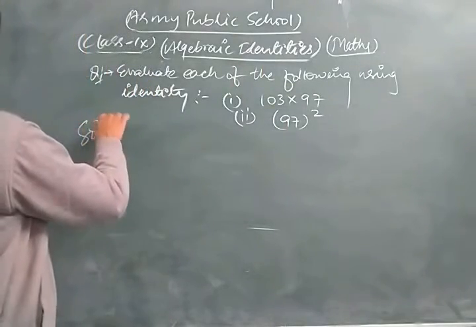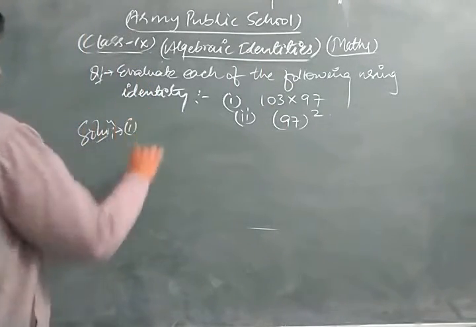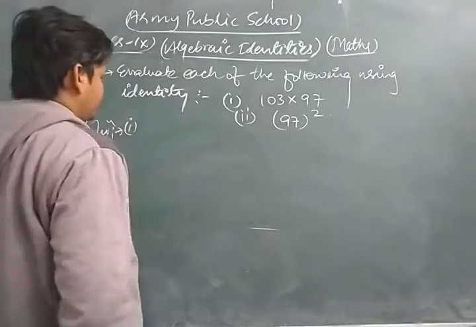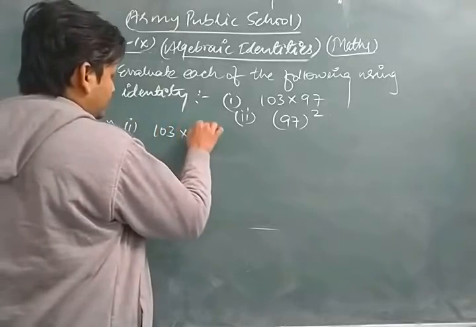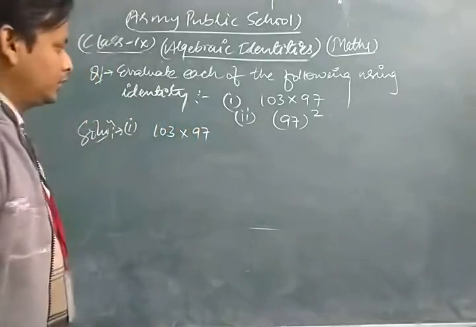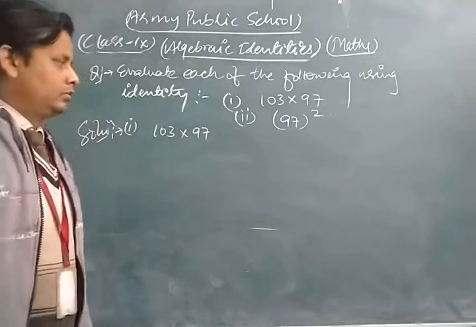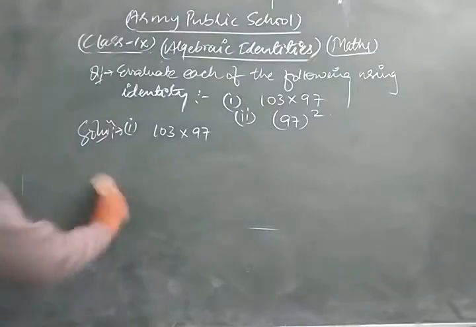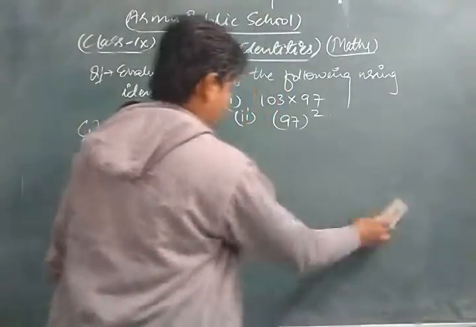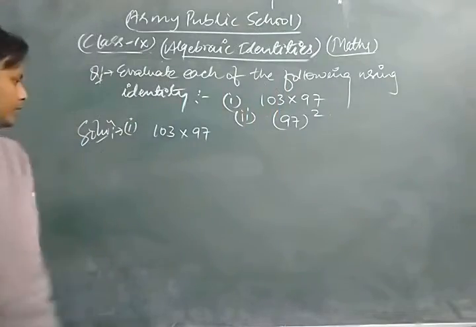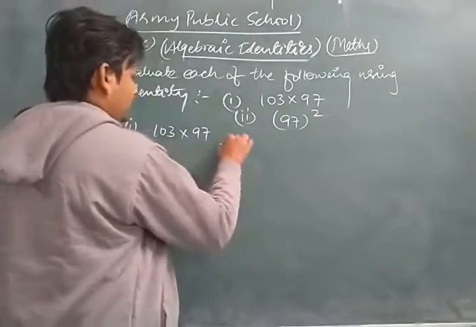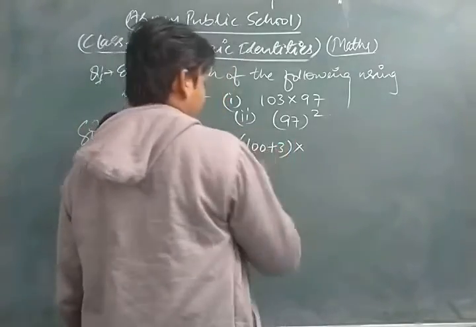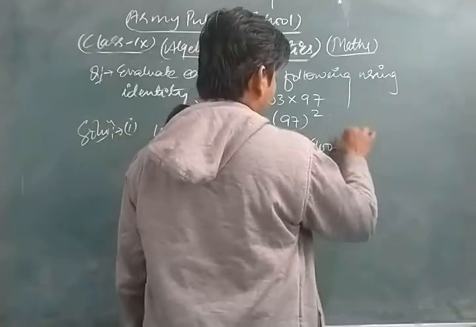First of all, we take and solve the first part of this question, which is 103 into 97. So first of all, we can write 103 as 100 plus 3, into 97, we can write 100 minus 3.